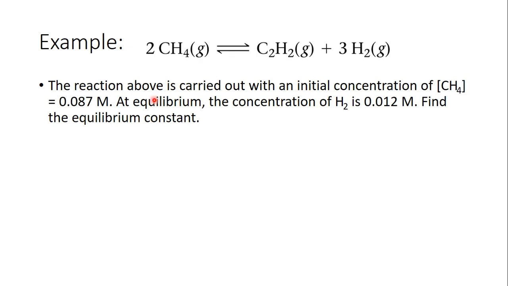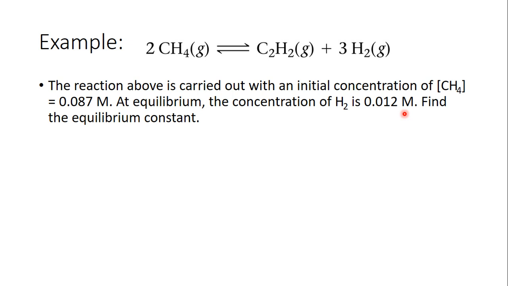So our problem is we have 2 moles of methane gas that can go to 1 mole of ethene plus 3 moles of hydrogen gas. Let's say our initial concentration of CH4 is 0.087 molar. At equilibrium, we know H2 is 0.012 molar.